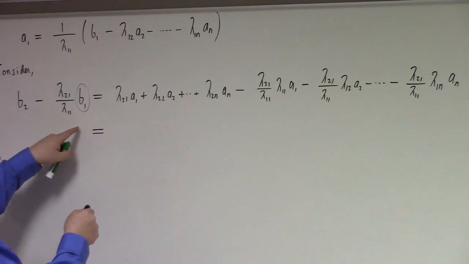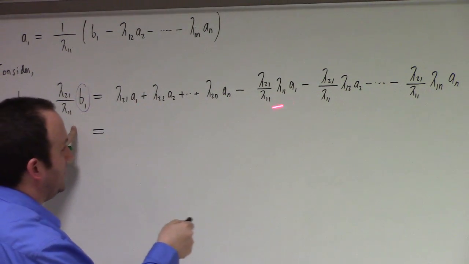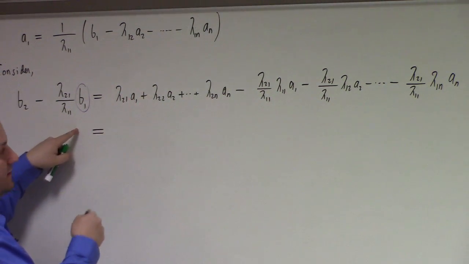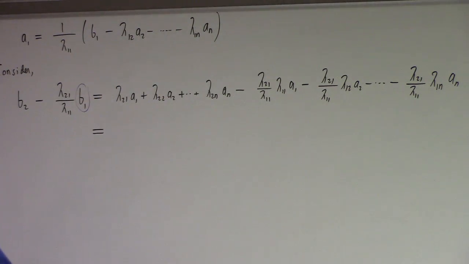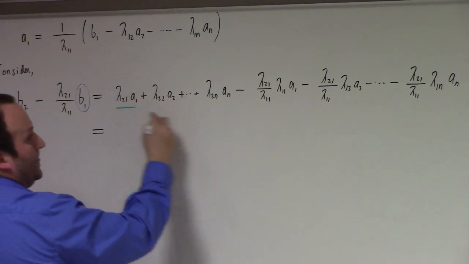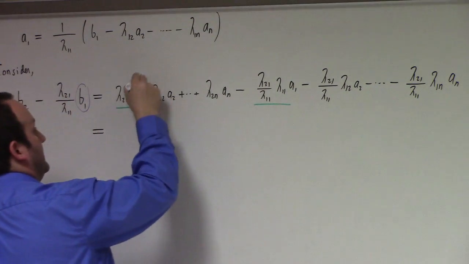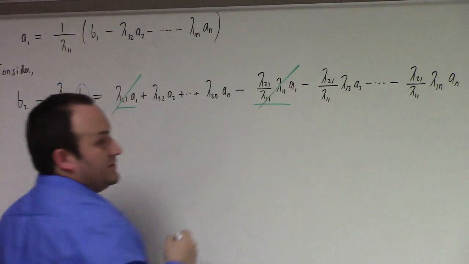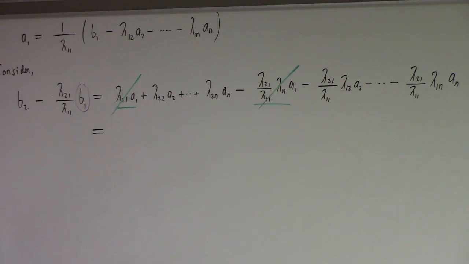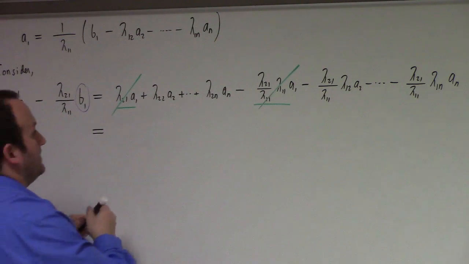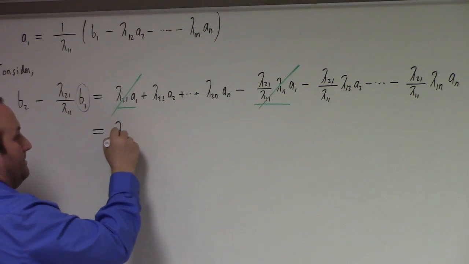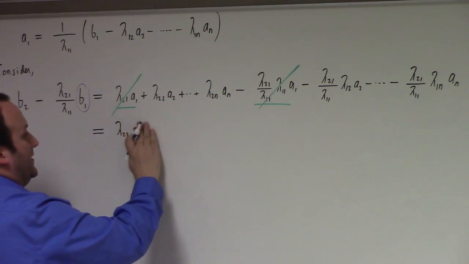See, because now this term here and this term here are what? They're gone, right? Those cancel. It's the same thing. And all you're left with is lambda 2,2. Oh, sorry, let me collect terms here.